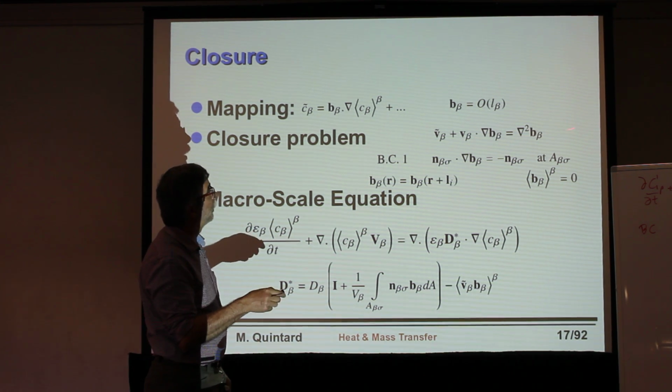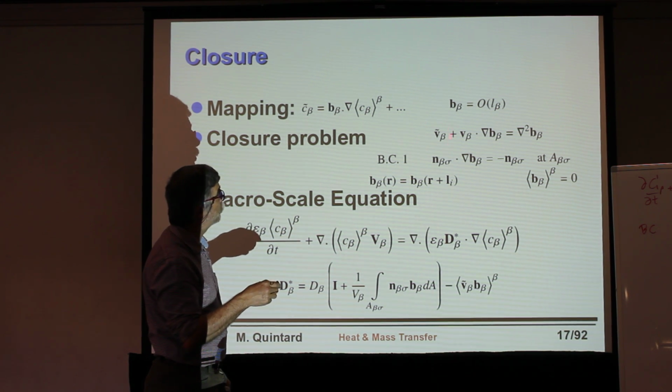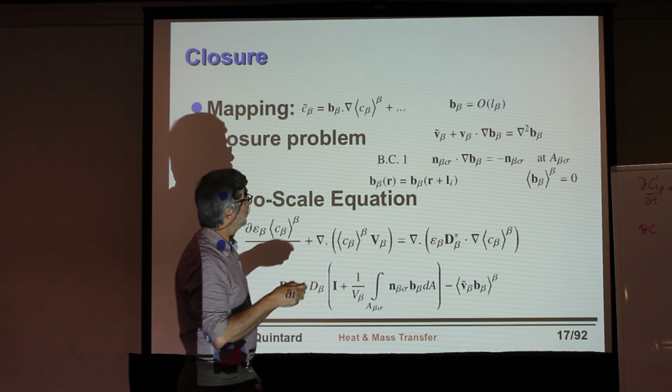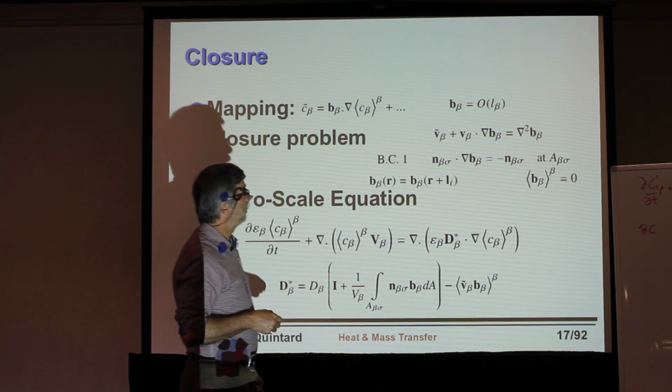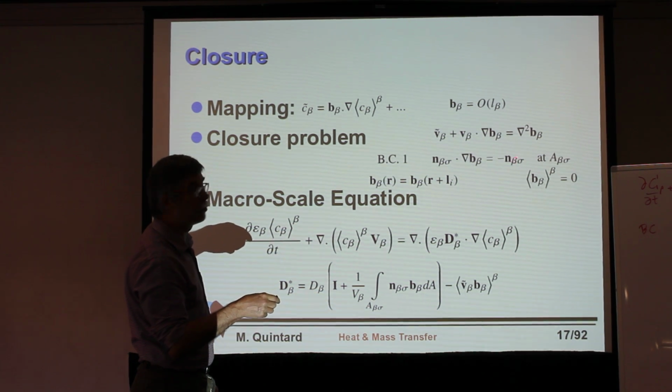So I have a governing equation for this mapping vector with a source term that depends on the fluctuation of velocity and transport of B, and the boundary condition here with a source term that depends on the geometry of the system.